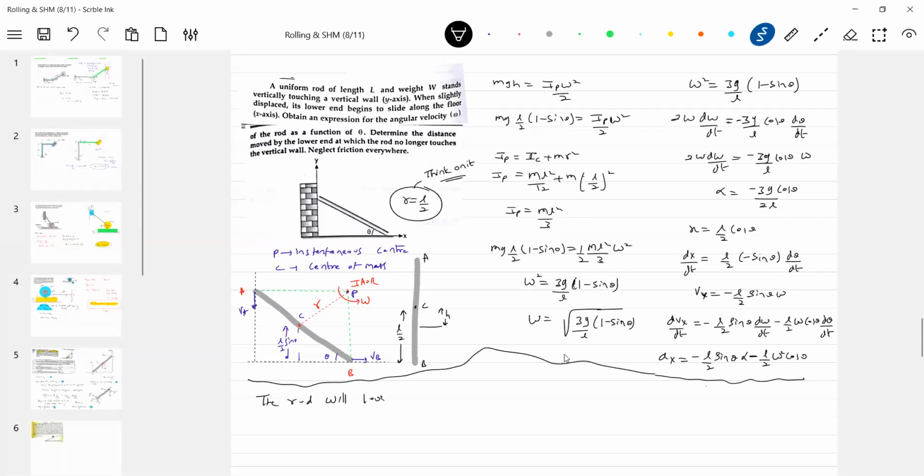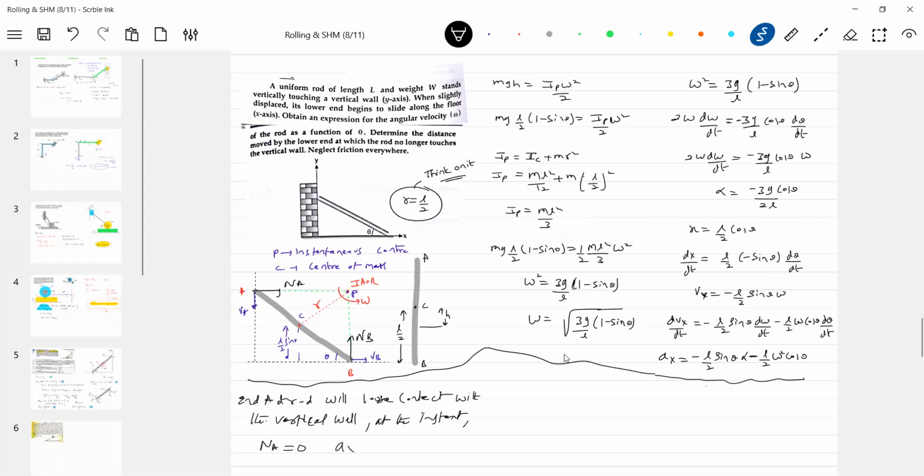The end A of the rod will lose contact with the vertical wall at the instant NA tends to 0, or NA equal to 0.